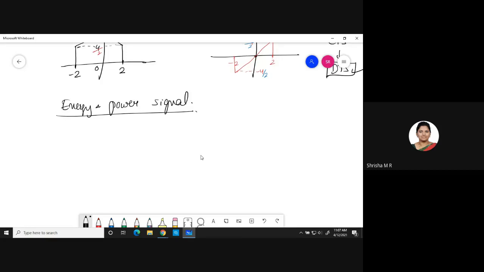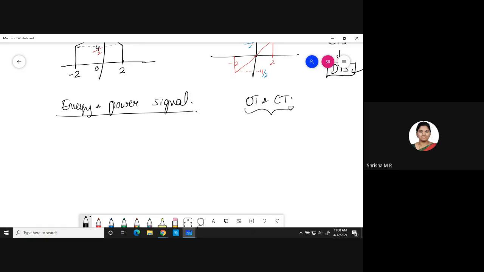The basic classification of signals is discrete time and continuous time, and there are energy and power equations for both. You don't have derivations for these equations, just you have to know them.